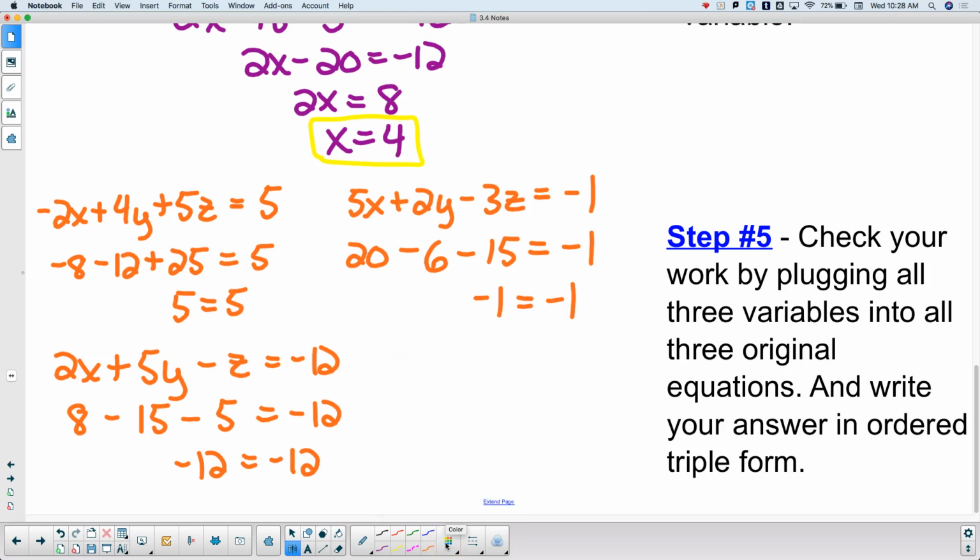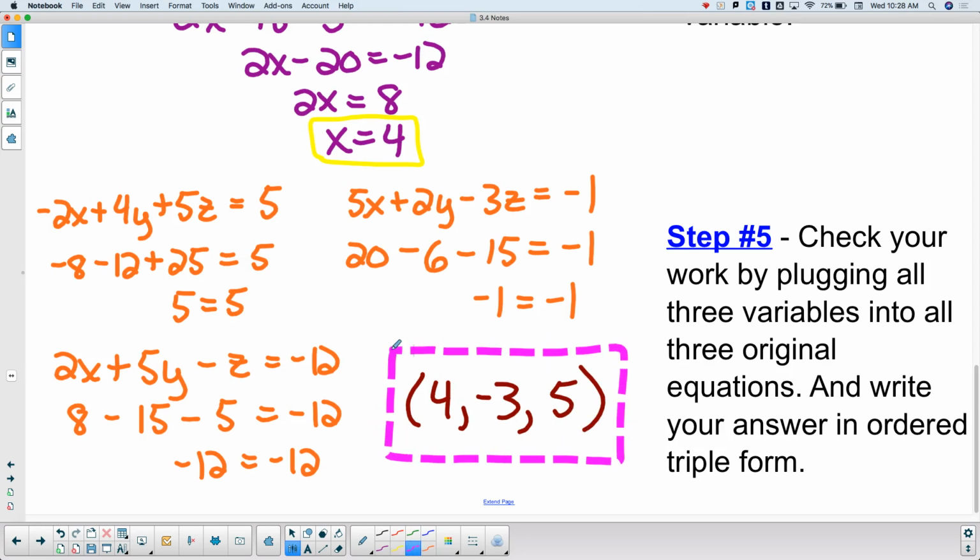So our final answer is 4, comma, negative 3, comma, 5. Sometimes substitution is easier, sometimes elimination is easier. Now you got both tools in your toolbox.